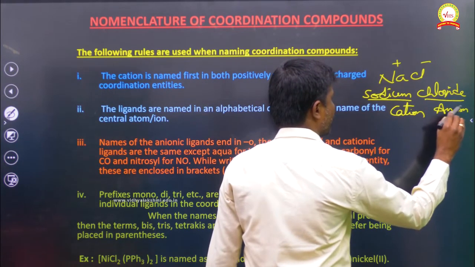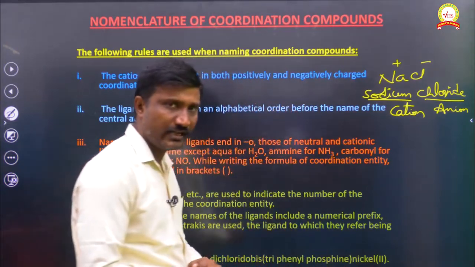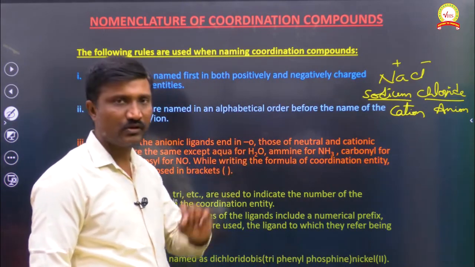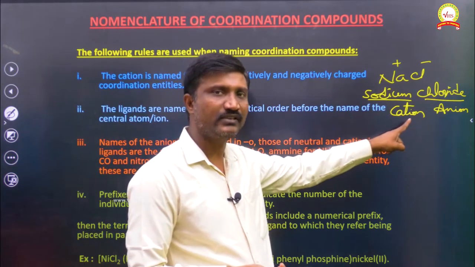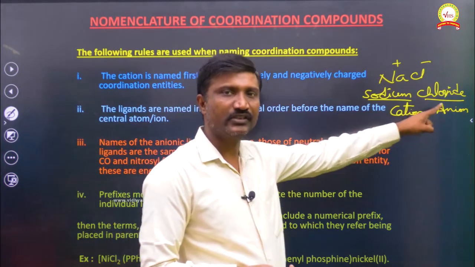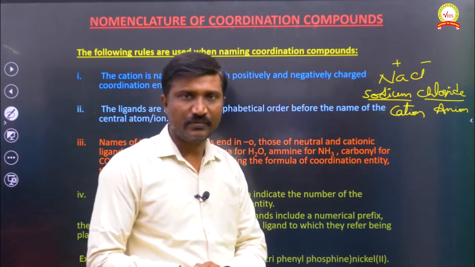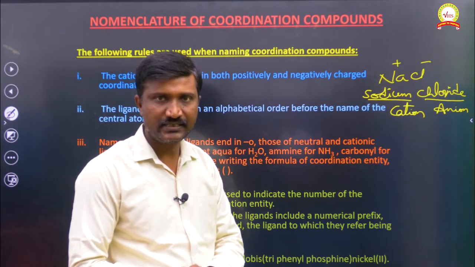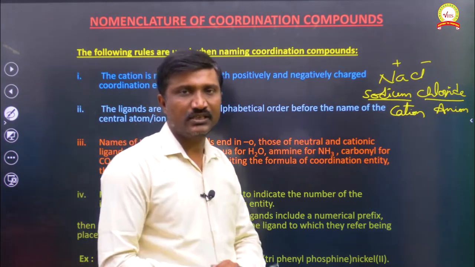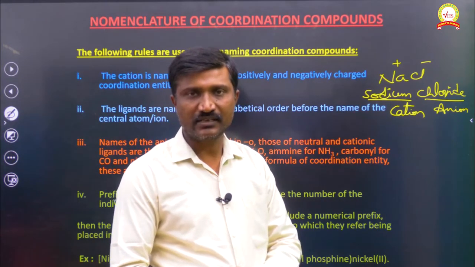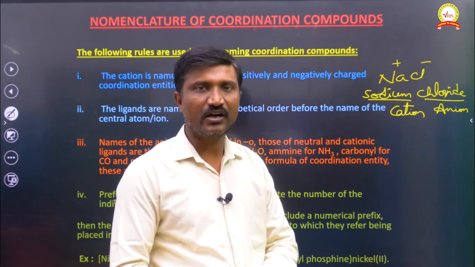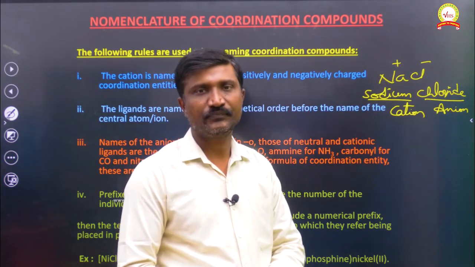So when we write the names of complex compounds also, we go like this only. First we write the cation name of the complex compound, then the anion name. To write these names for complex compounds, we have to follow some rules.